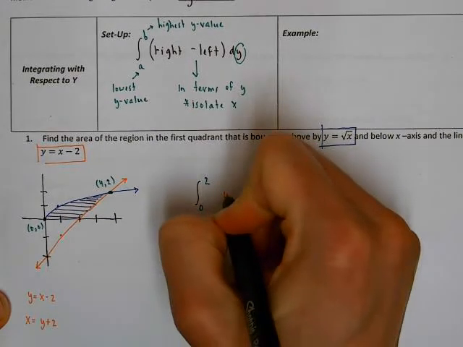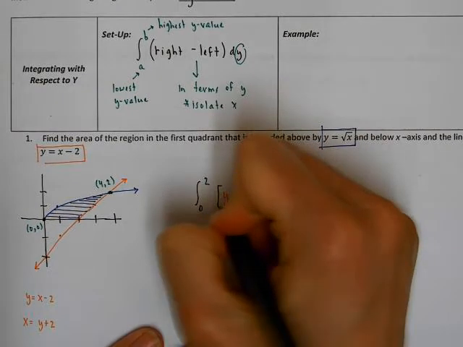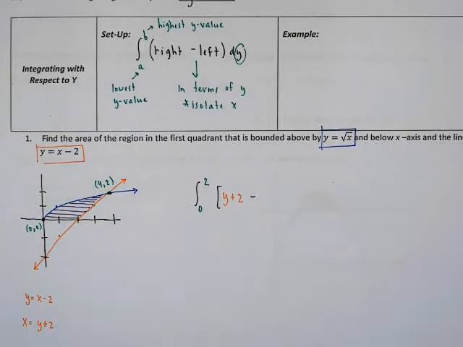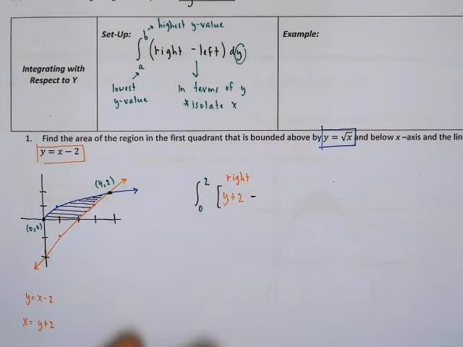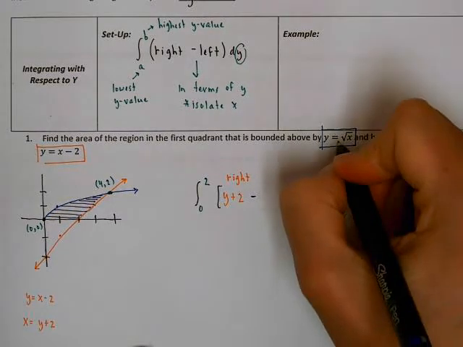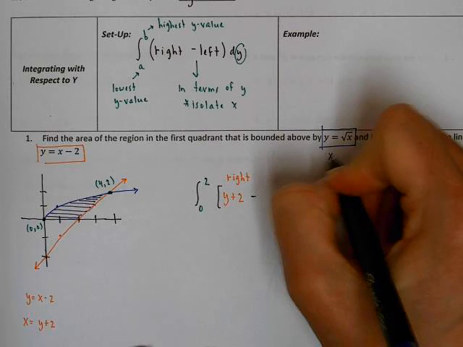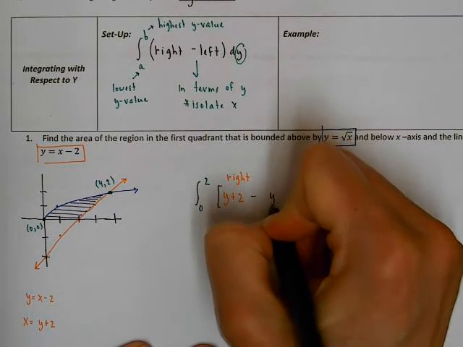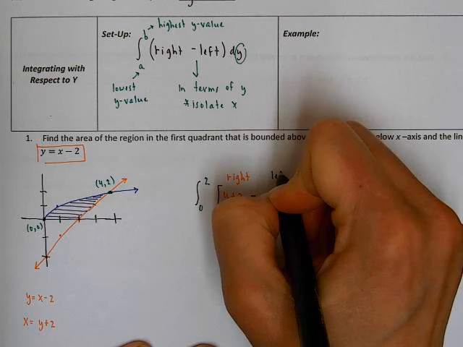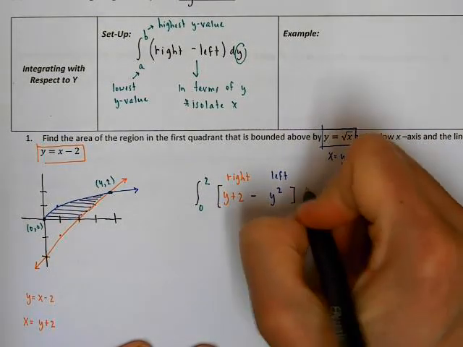And that's what I'm going to put here for my right curve. Okay, so I'm going to make a note, that's my right. And now I need to take my left, which was y equals square root of x. To isolate x, I'm going to square both sides. So x equals y squared. So I'm going to subtract that since that's my left. I'm going to close this up, and then I finish with a dy.